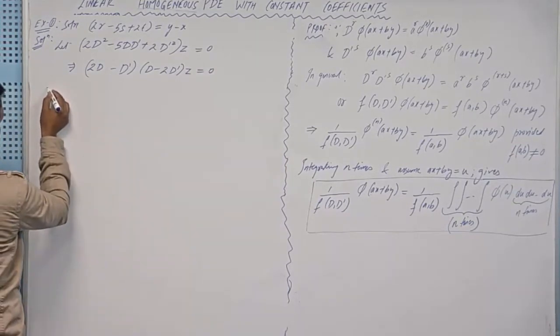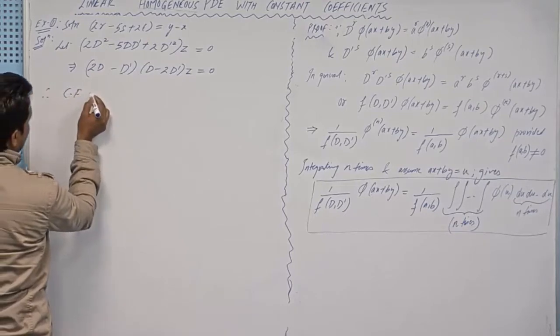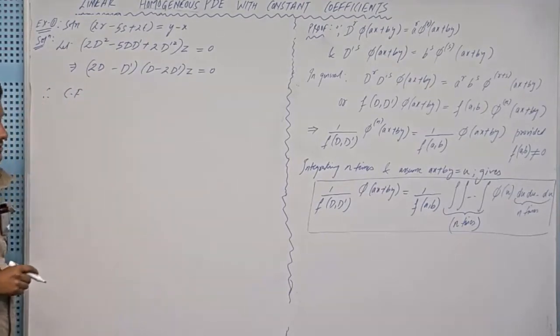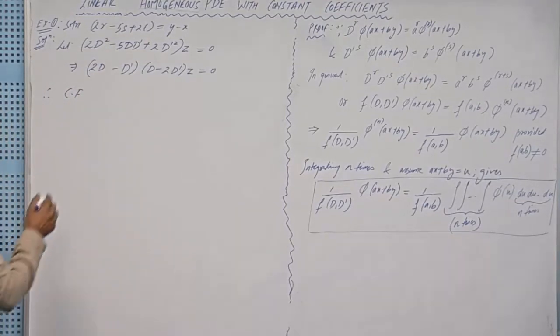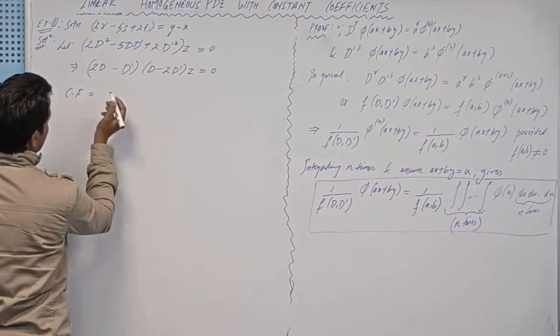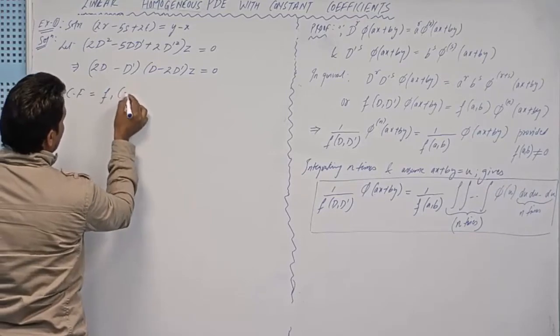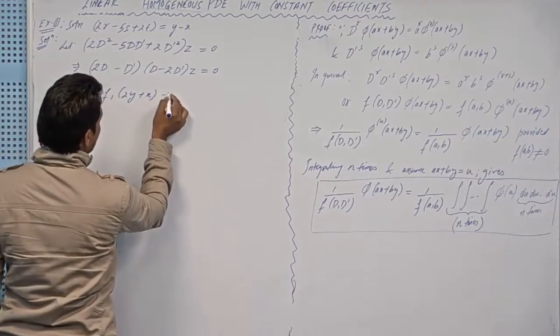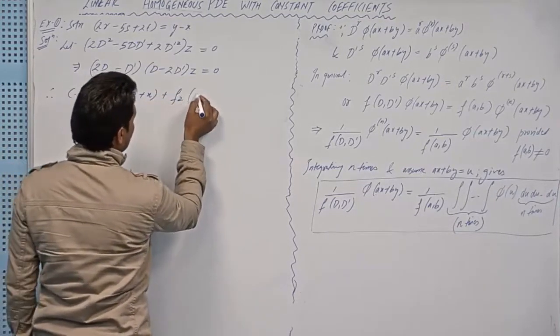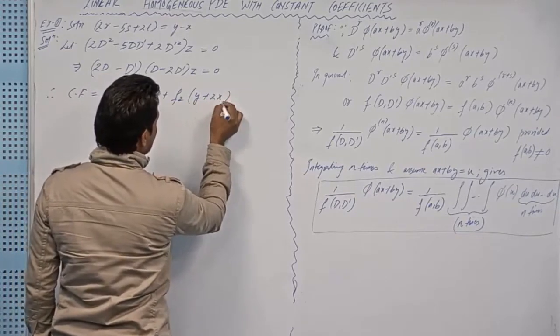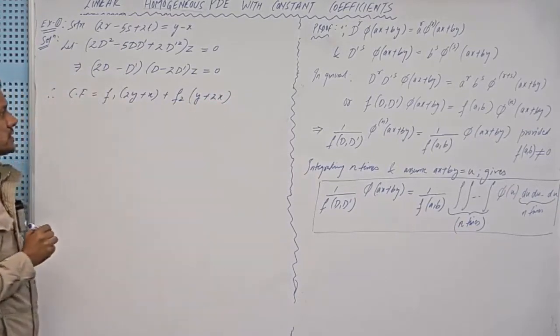Then the complementary function, this time we are calling it the complementary function, not the full solution. Complementary function is given by f1 of 2y plus x plus f2 of y plus 2x, right?